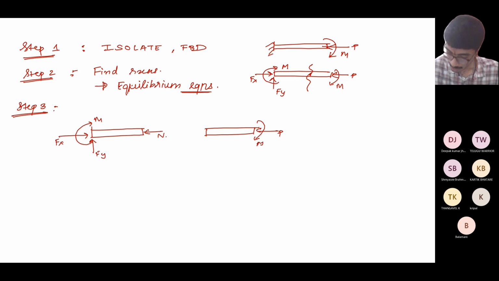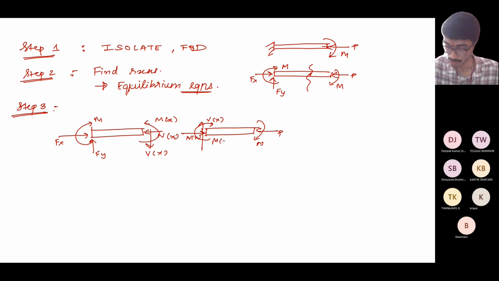Here, denote the unknowns as N of x, V of x, M of x. On this part, it is essential that they're exactly equal and opposite. N of x is upward, V of x, and it should be clockwise, M of x.